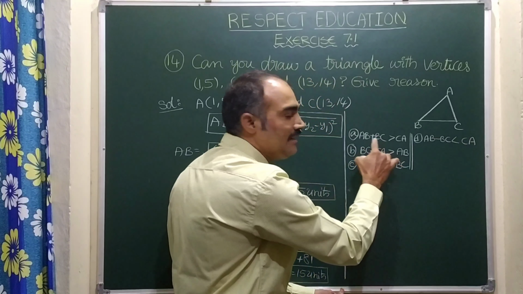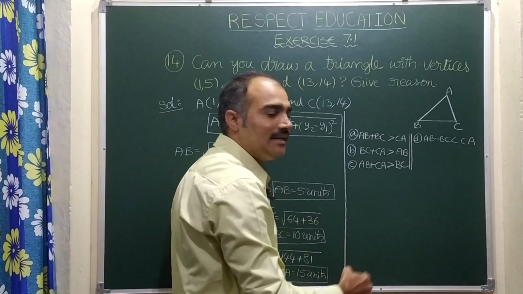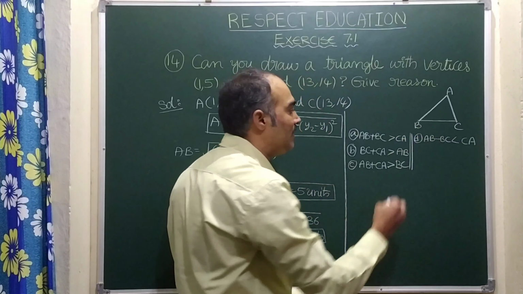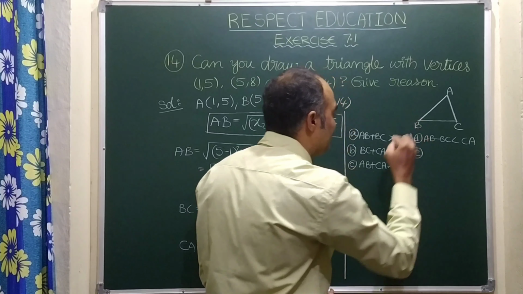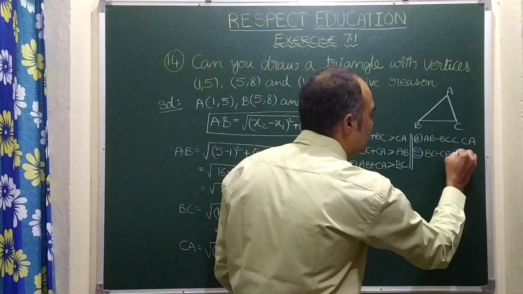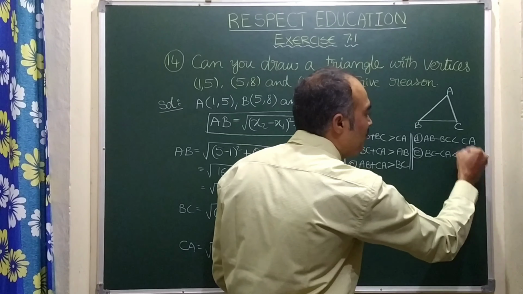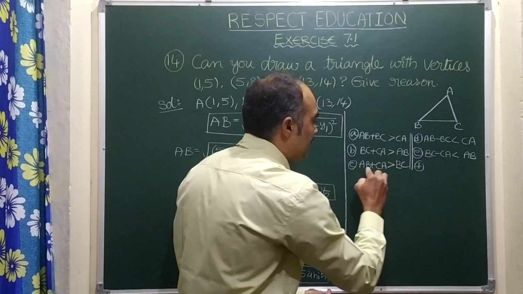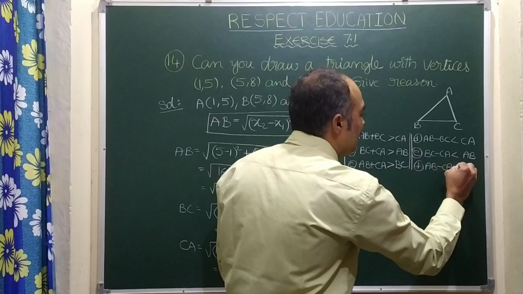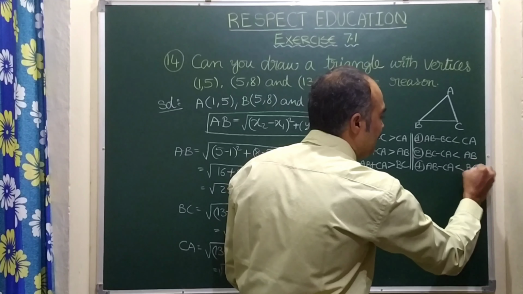Their addition should be greater than the third side, and their difference should be smaller than the third side. The next case is BC minus CA should be less than AB. Now the last case, AB minus CA should be less than BC.